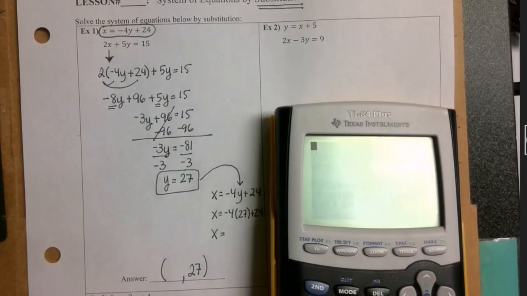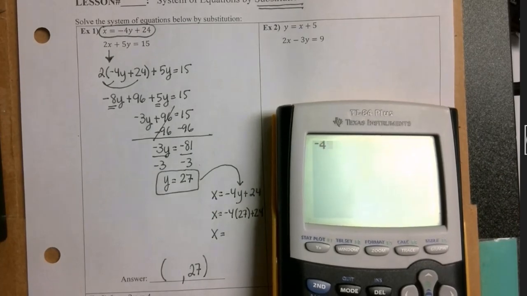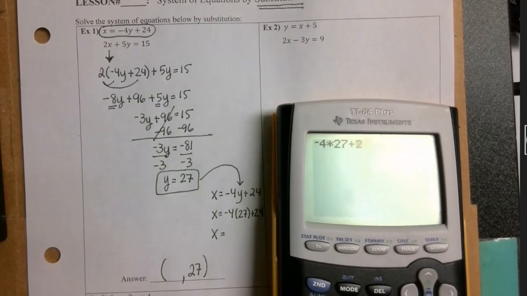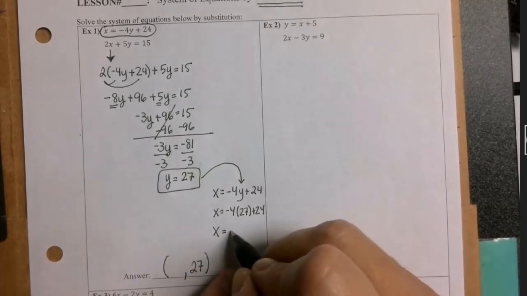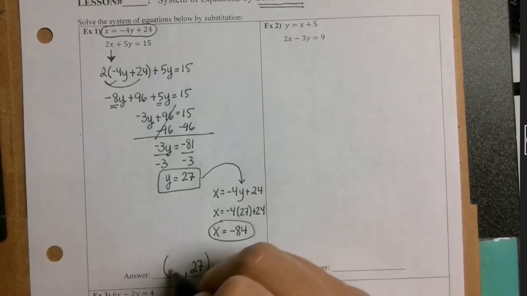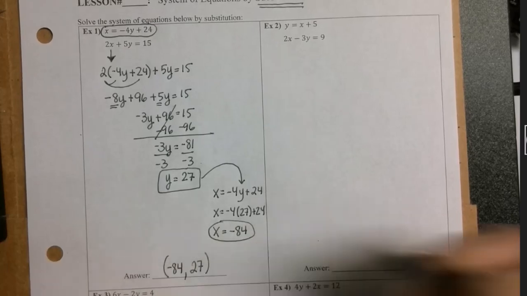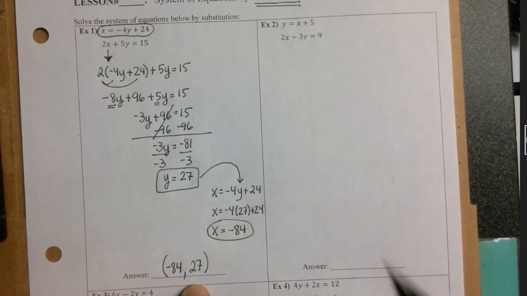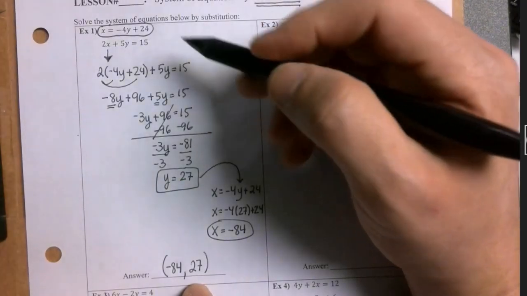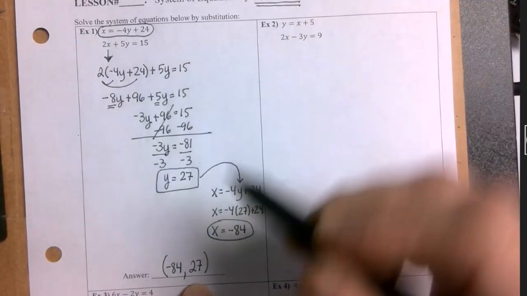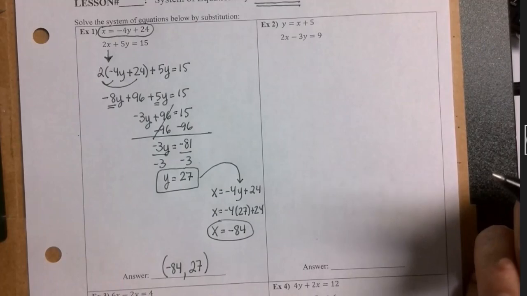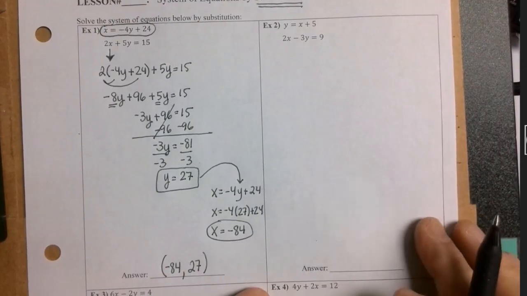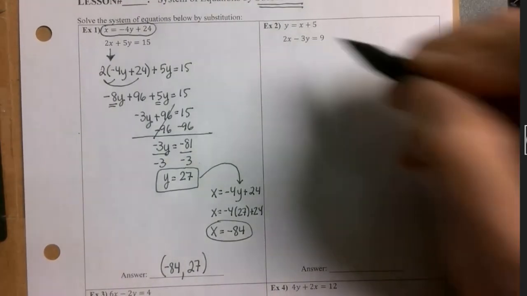Negative 4 times 27 plus 24 is negative 84. That is our answer. So if I were to graph these two lines, I would see that they cross at the point negative 84, 27. Let's try the next example.